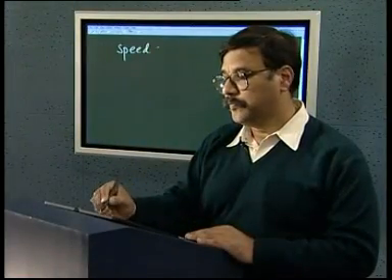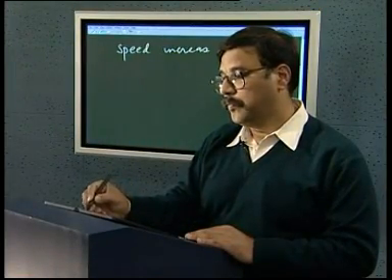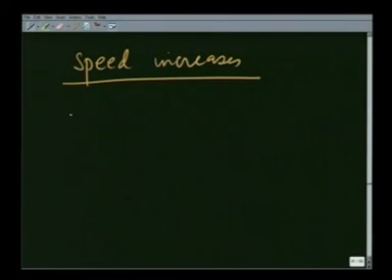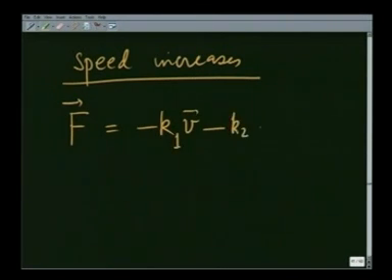As the speed increases, more dependence on velocity may come in the form of f equal to minus k1 v minus k2 v square, let us write a unit vector v hat so that it tells you this is opposite to the velocity vector, and higher order terms, this being the simplest.